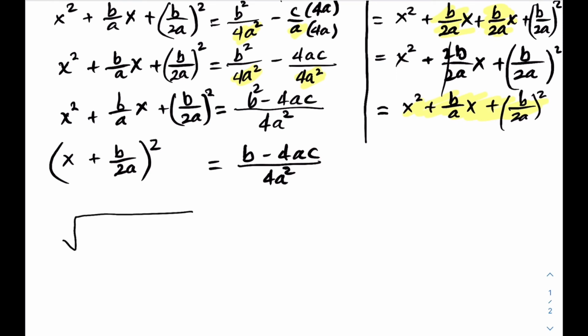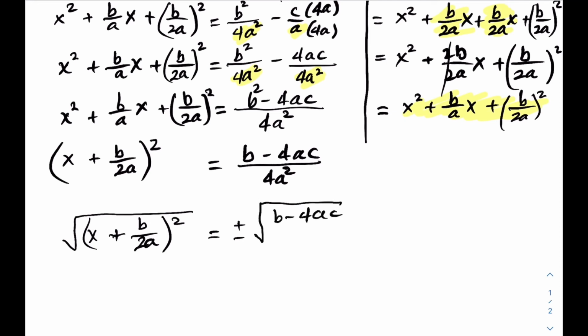Now we're going to solve for x, taking the square root of both sides. That will need a plus or minus whenever you take the square root of both sides. b squared minus 4ac.